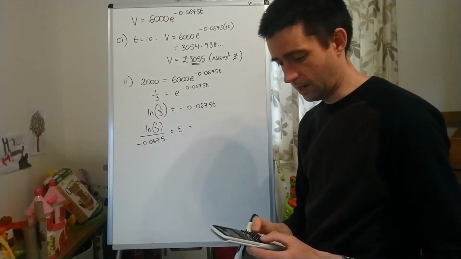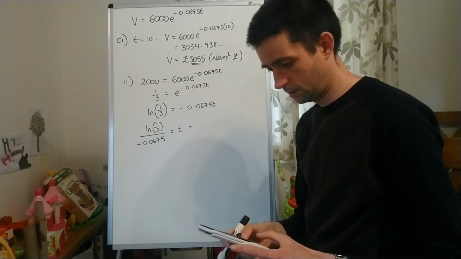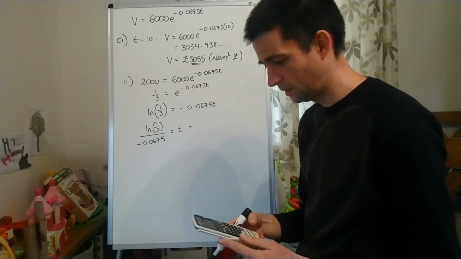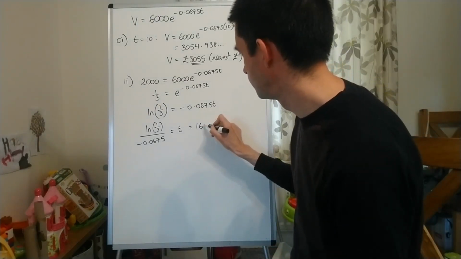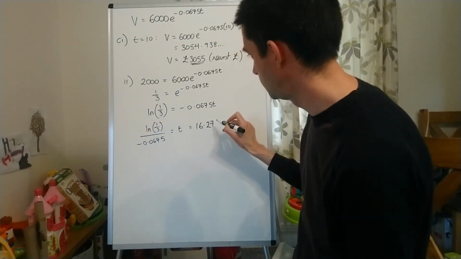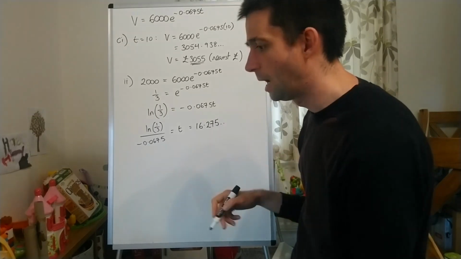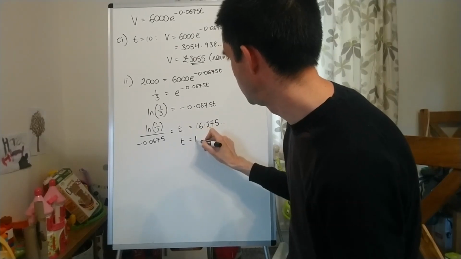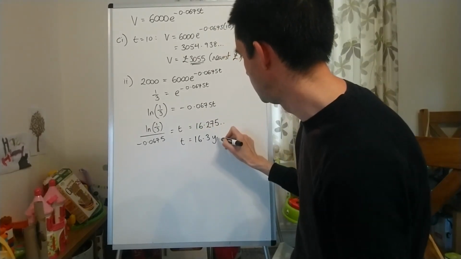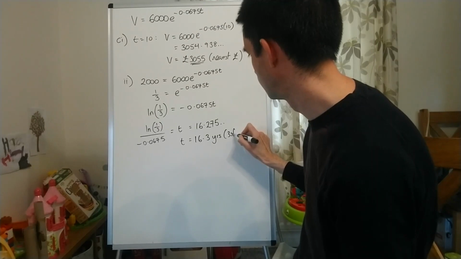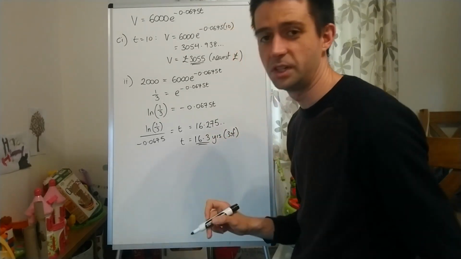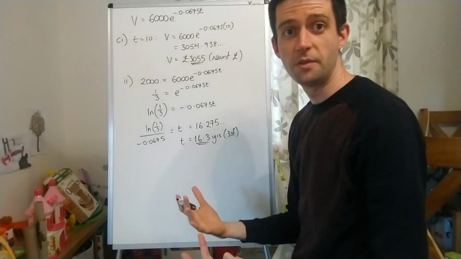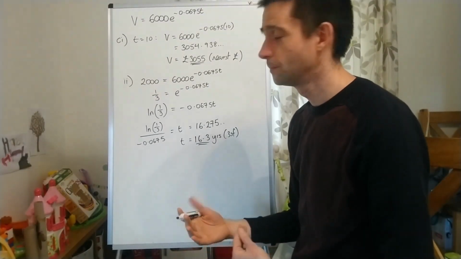And that is going to come out as a number: ln of 1/3 divided by negative 0.0675 is 16.275. So t equals 16.3 years to 3 significant figures. So that is the time after which the bike is worth 1/3 of its original value.